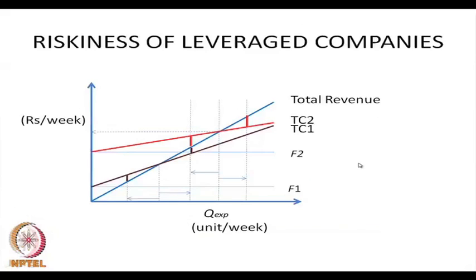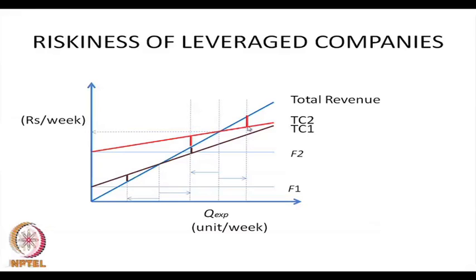Now, this is shown in this diagram. In this diagram, we are considering a high leverage company. A high leverage company has got a high fixed cost, let us say F2, but a low V. So, the total cost curve is this red line and the total revenue is here. Now, this is the break-even point. Suppose the company operates, or the plant production is here, then the profit is this much.